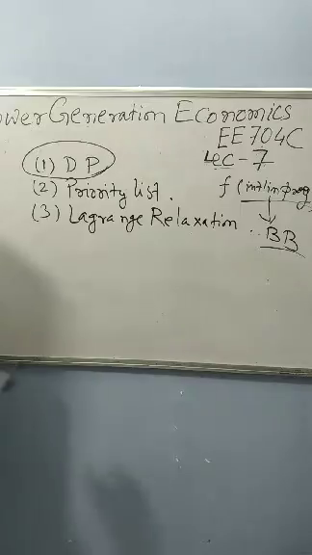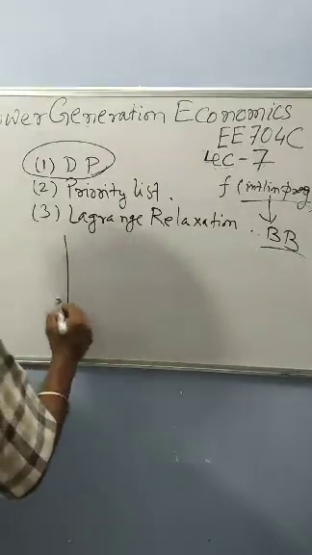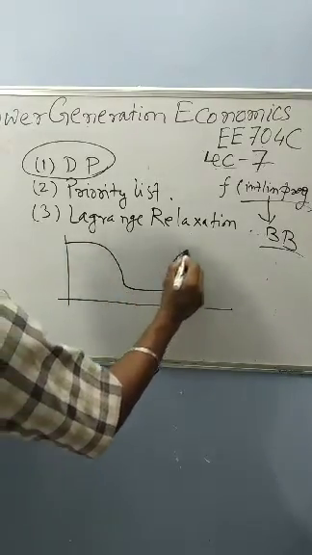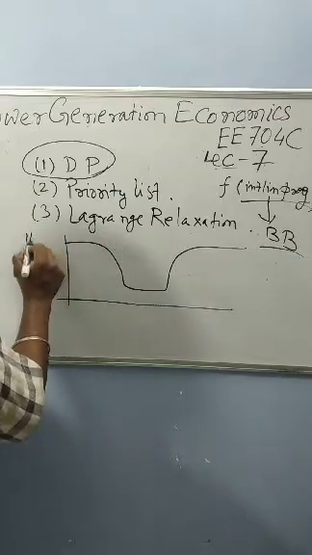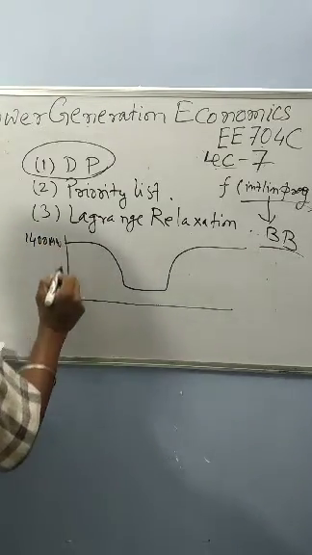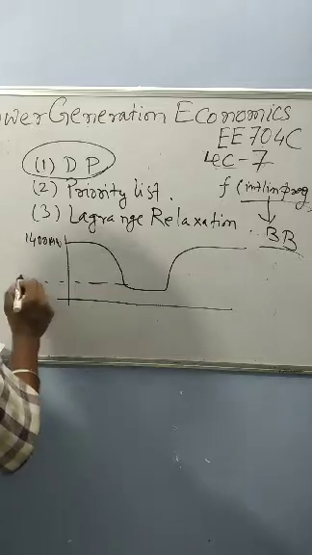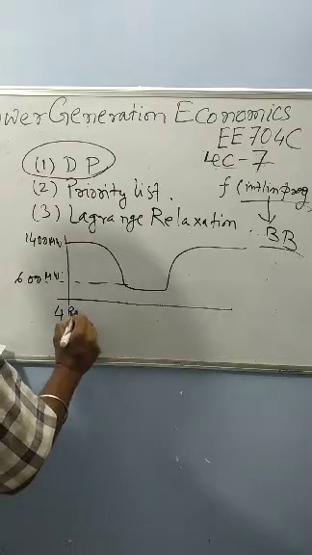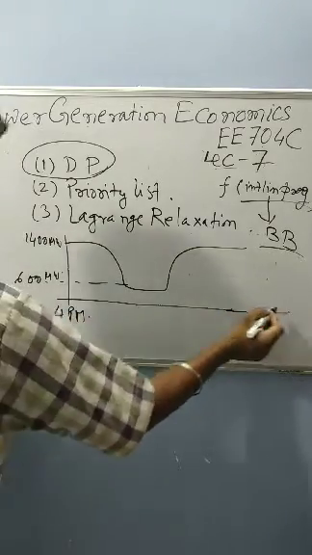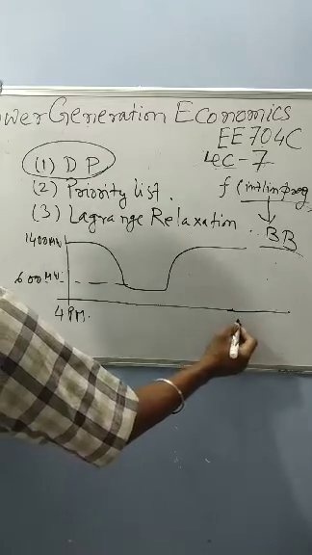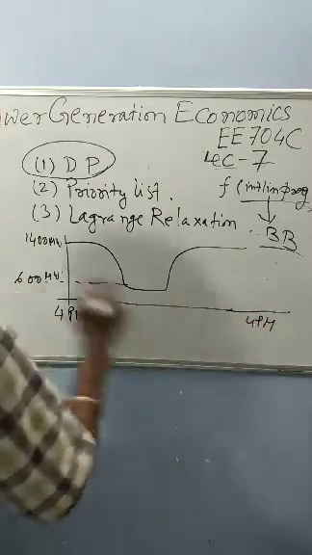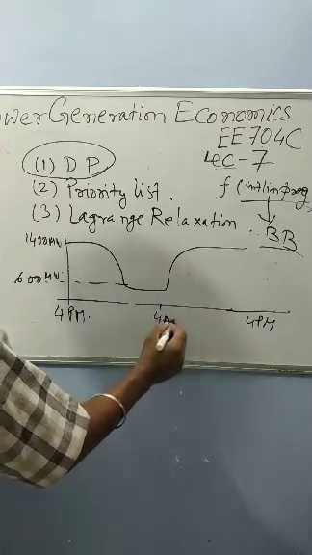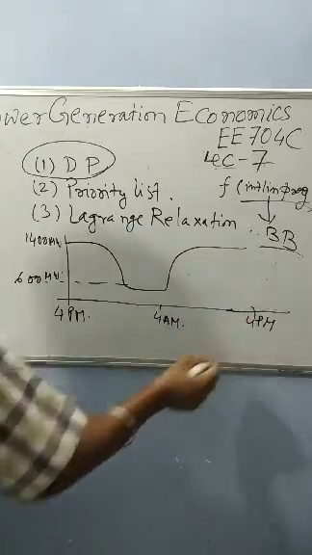So another thing, let us say that throughout the time period our load is somewhat like this. Suppose this is your 1400 megawatt, this is your 600 megawatt, this is 4 p.m., and this is also 4 p.m. 4 p.m. to 4 p.m., 24 hours, and this comes about your 4 a.m., 12 hours and 12 hours.